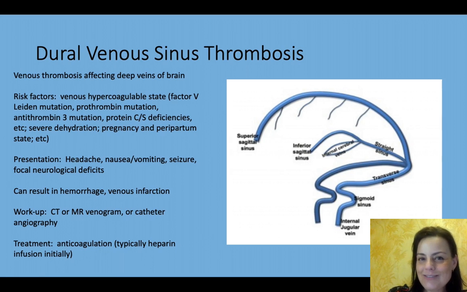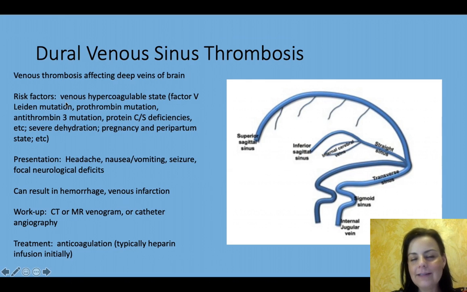And you guys know those things already, right? That's all those things here. So the inherited coagulopathies like factor V Leiden, prothrombin, but also things like dehydration, pregnancy. So pregnancy is a procoagulable state, malignancy. So you know all of this already.